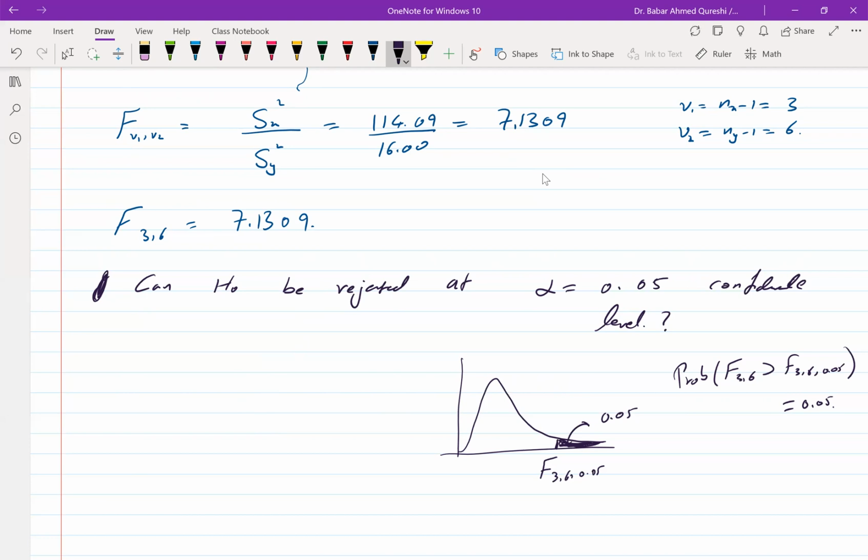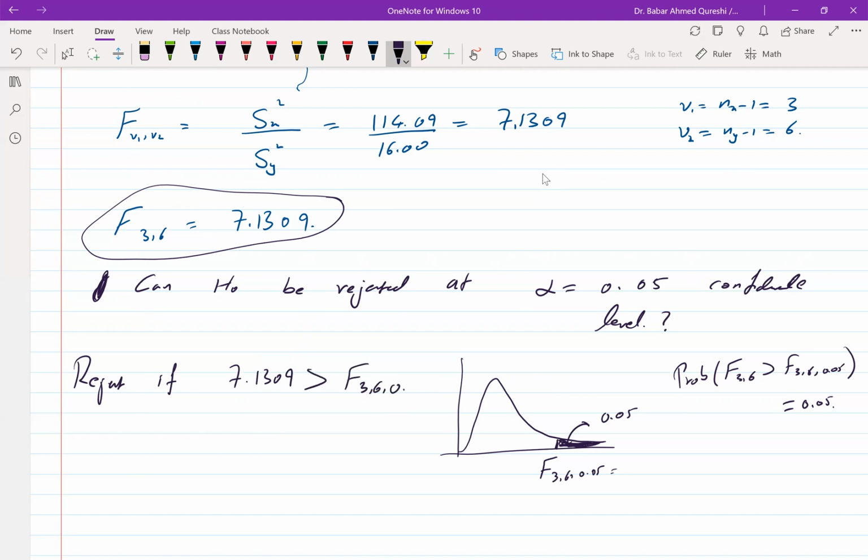And if that number is smaller than this, then that would mean that I can reject if 7.1309 is bigger than this critical value. Now, how do I find this critical value? You can go to an online calculator, but let's look at the table in the book. So let me share that.